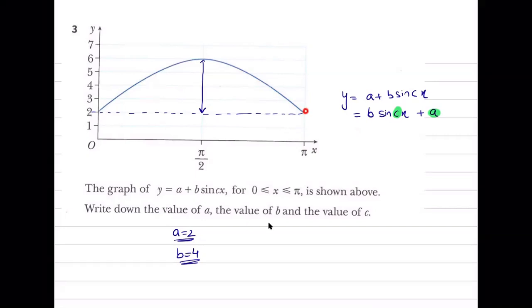So basically पाई में ये आधा और 2 पाई रेडियंस में एक कंप्लीट साइकिल होगा. सो c की वैल्यू क्या हुई?